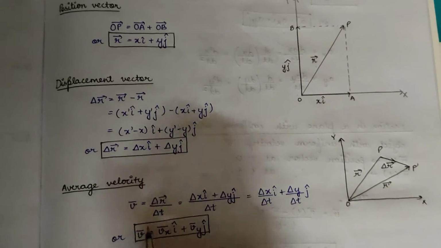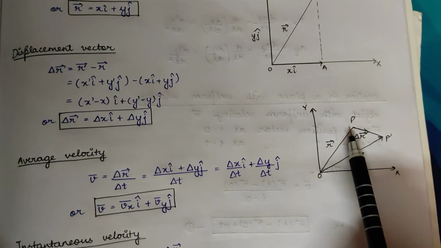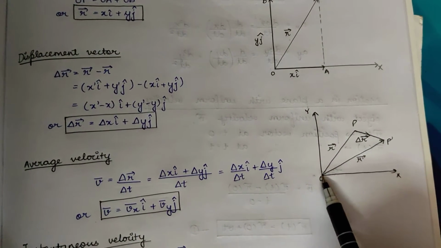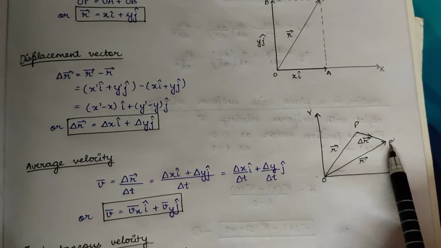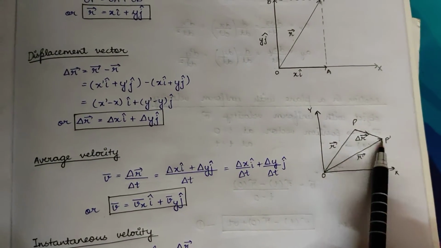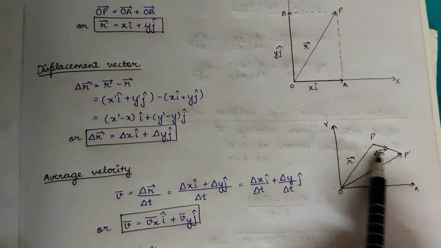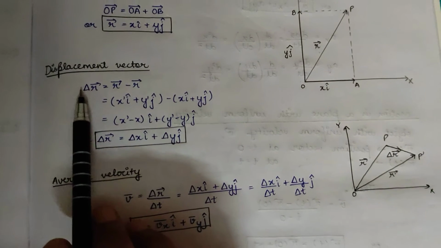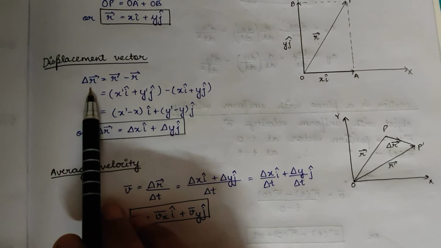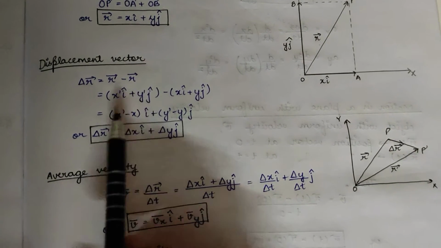Now talking about the displacement vector, if vector r is one position and vector r dash is another position, then PP dash will be the displacement vector here, and this PP dash is given by the change in vector r. So change in vector r, or delta r, is equal to vector r dash minus vector r.